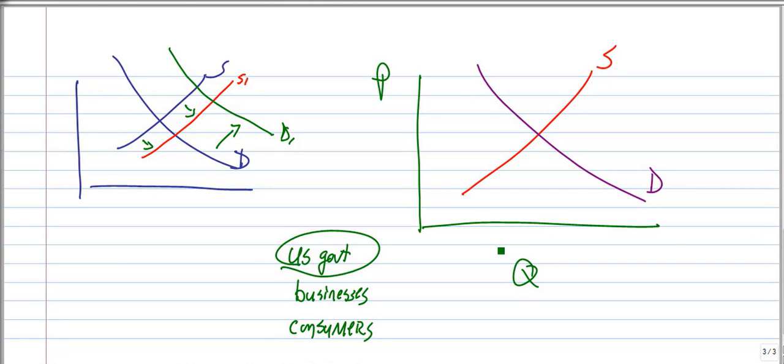Now here quantity is increasing this way, and so it's decreasing the other way. So if the government takes a lot of the money, which is what we mean because they have to finance their deficit, then basically that lowers the supply. Supply is decreasing this way. There's less money that's available to businesses and consumers.